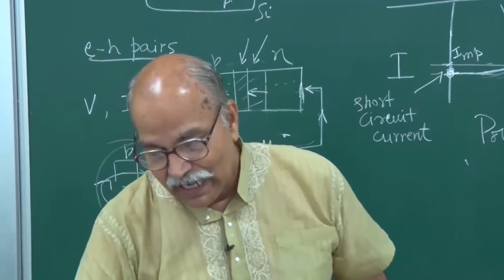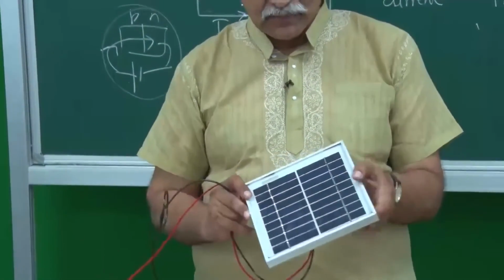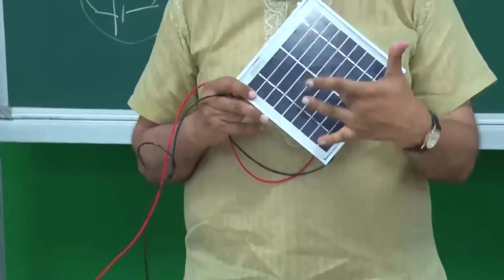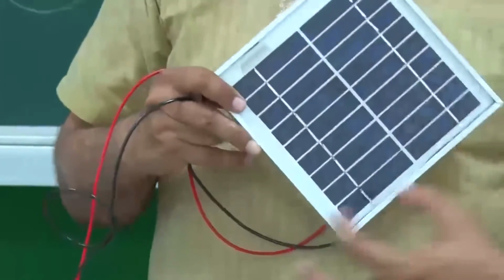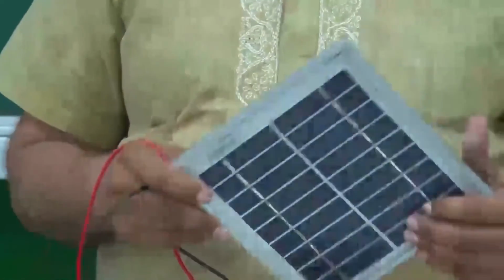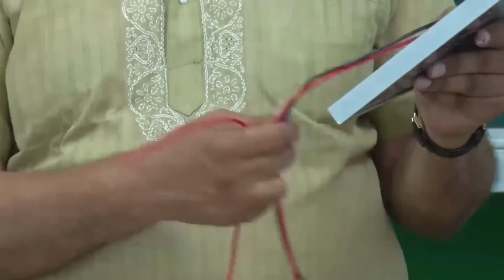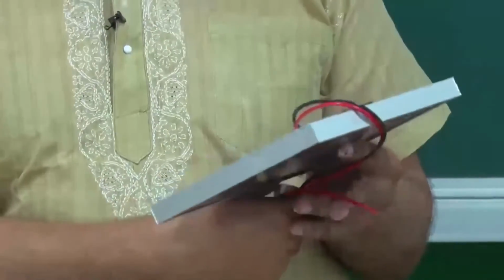So, I have a solar panel for you. This is a solar panel. A panel means a combination of all those solar cells in series and parallel. And on the other side we have these two wires coming out, and I can show you the specifications also.